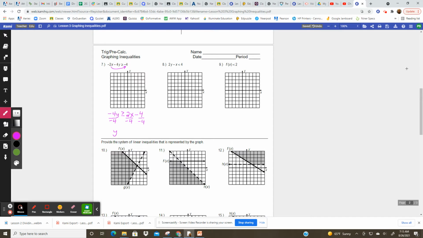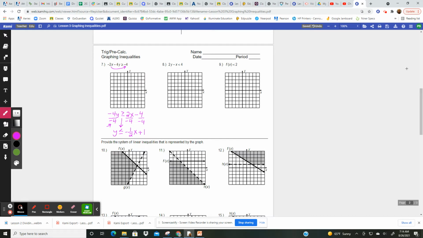That's the one thing I want you guys to remember. So I'm going to flip it over. It becomes a less than or equal to. And then 2 over 4 is 1/2, but with a negative. So negative 1/2 x. And then negative 4 divided by negative 4 is positive 1. So dividing by negative 4 caused us to flip the sign over.